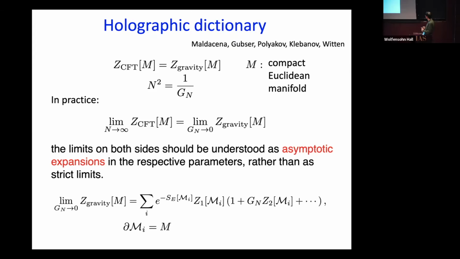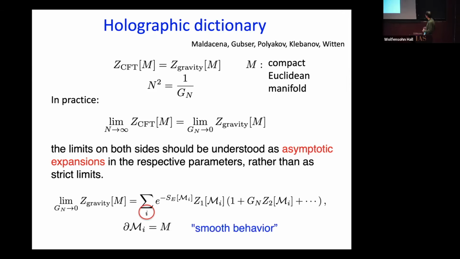So for example, the right-hand side you should understand as a trans-series, which you expand in terms of the saddle points of the Euclidean path integral. M_i is the saddle point with the boundary given by M, and this sum over i includes subdominant saddles.